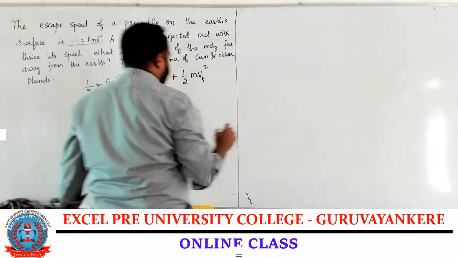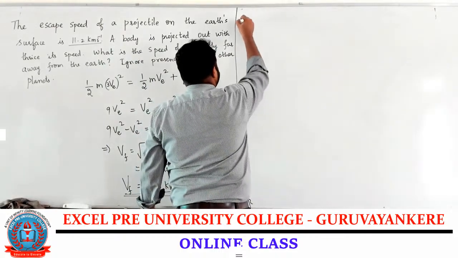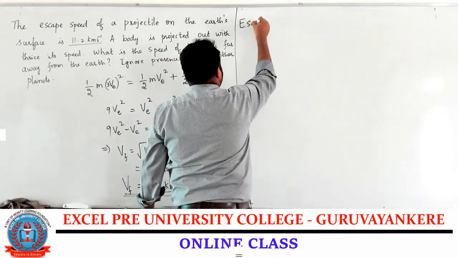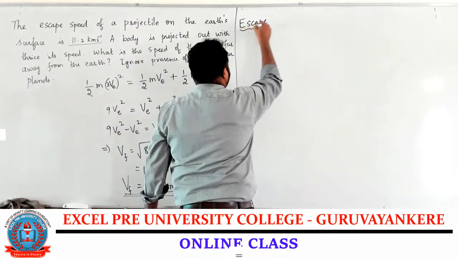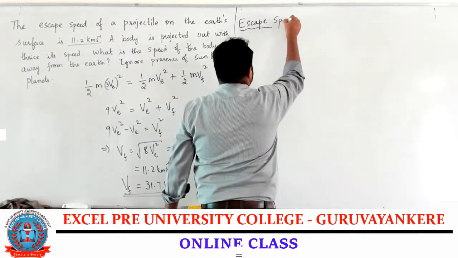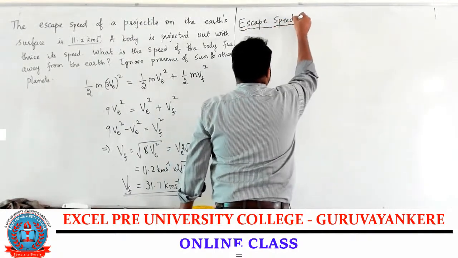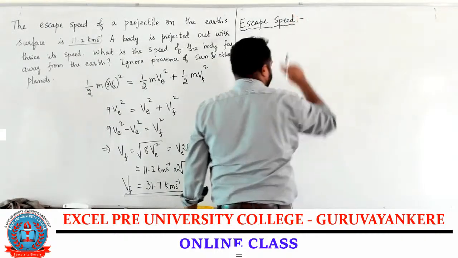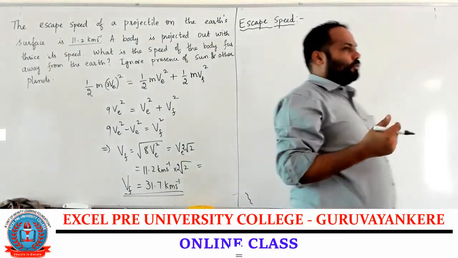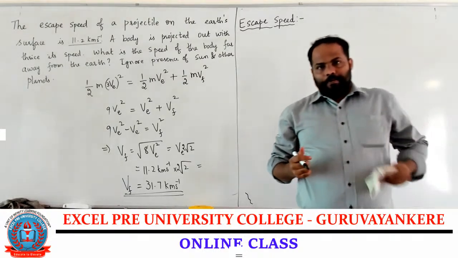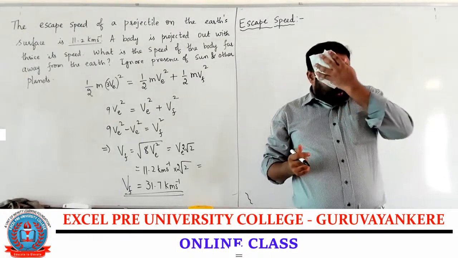Okay, so I think for B1 students, the escape speed derivation is not over. So I will do it quickly. This is almost the same steps, but a little opposite in terms of concept.